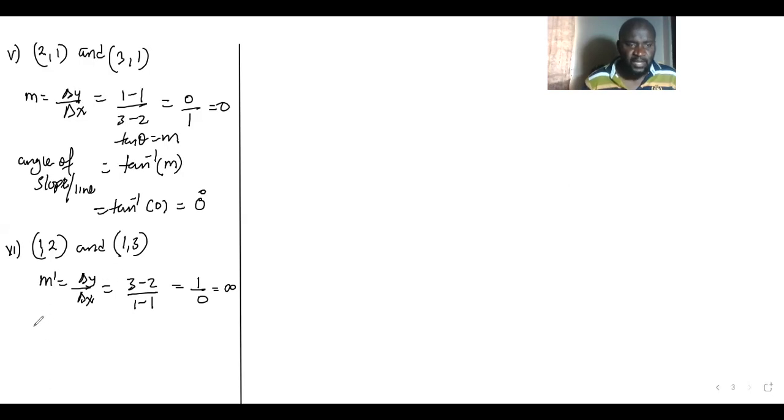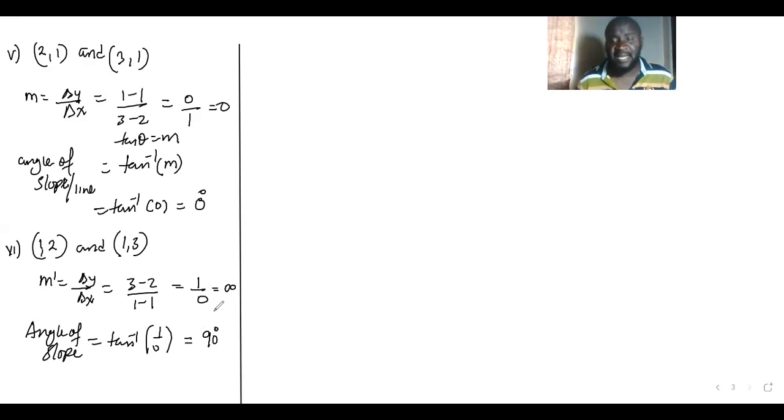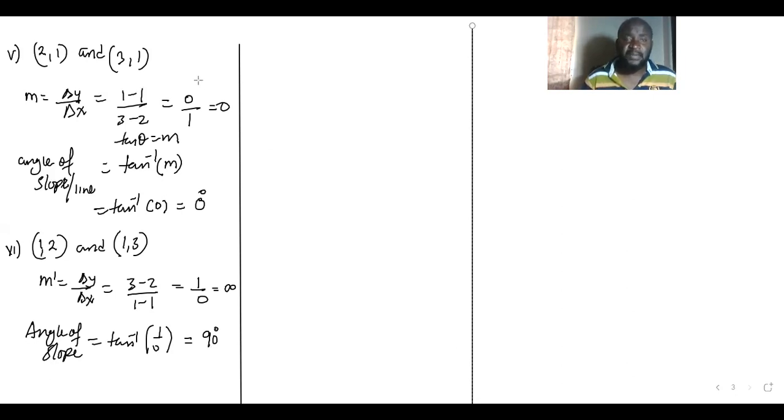So the angle of the slope is going to be tan inverse of 1 over 0, which is 90 degrees. So it means that line is perpendicular to the x-axis. So that is about getting gradients and how to find the angles of inclination of the lines to the x-axis.